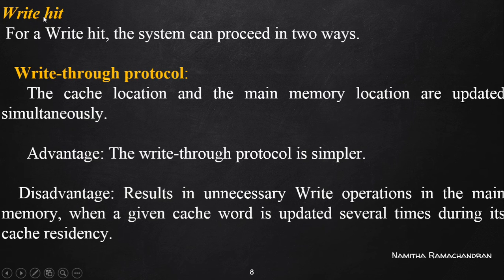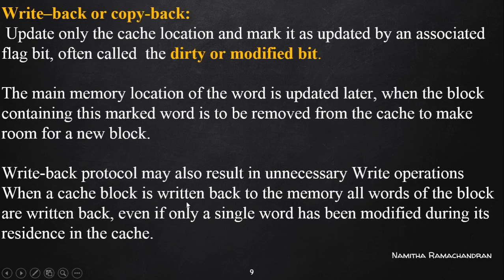Okay, and in case of write hit, we can implement using the write through approach or write back approach. And in case of read miss, we can directly copy a block of data from the main memory to cache memory, then pass the requested memory word to the processor.